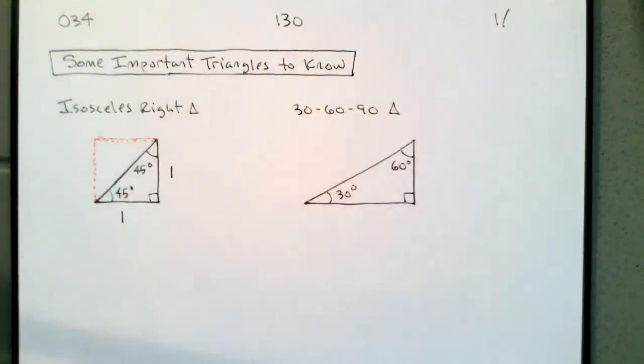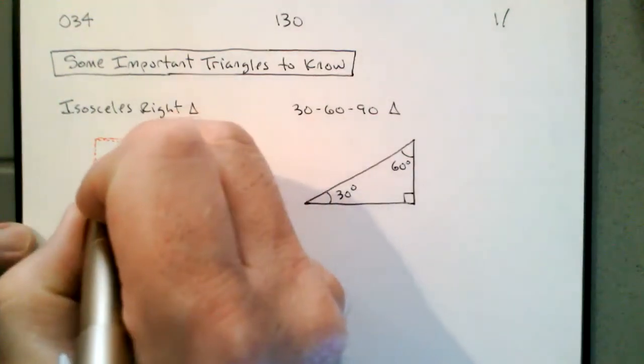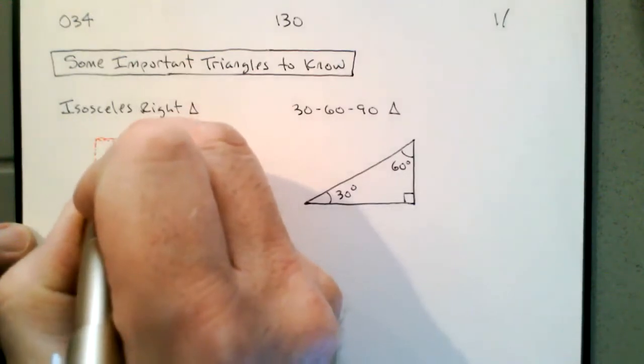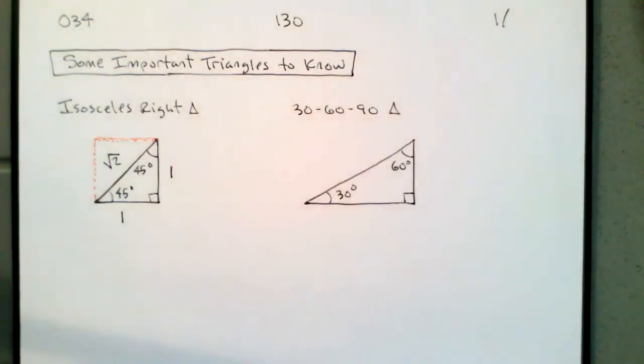We can use the Pythagorean theorem to calculate the hypotenuse. So I'll have the square root of 1 squared plus 1 squared, and that'll be equal to the square root of 2. So now we have opposite, adjacent, and hypotenuse for 45-degree angles.